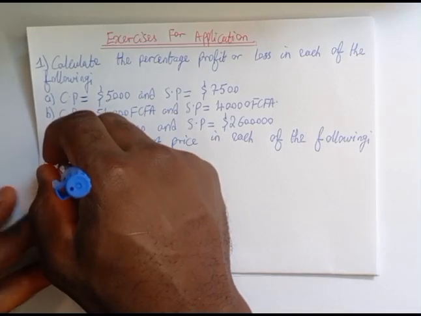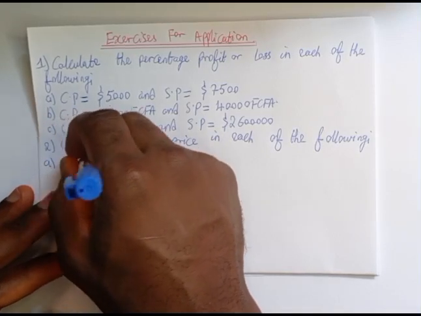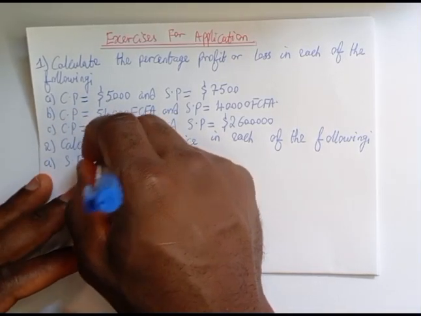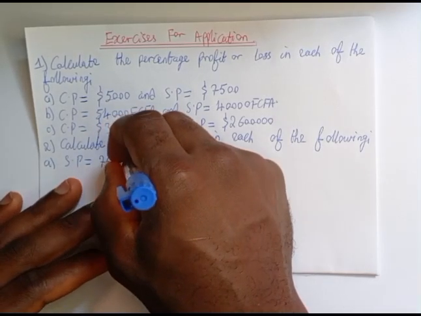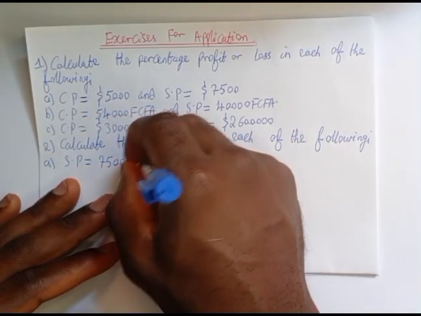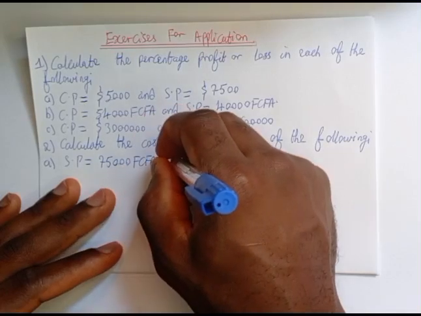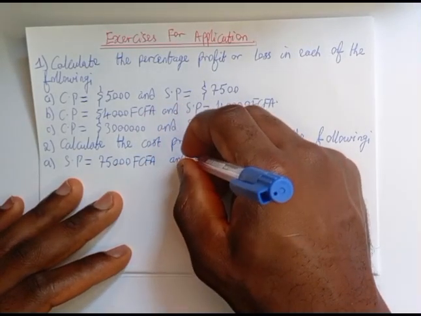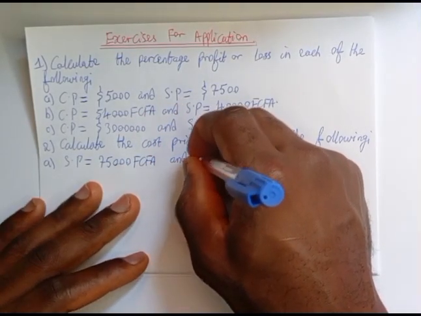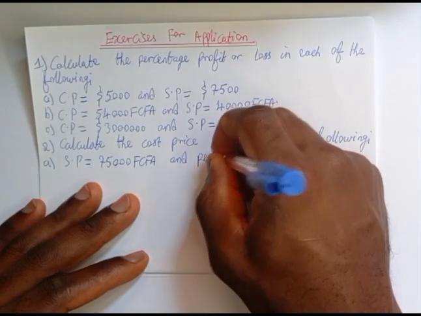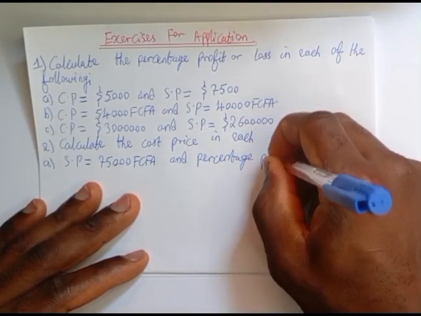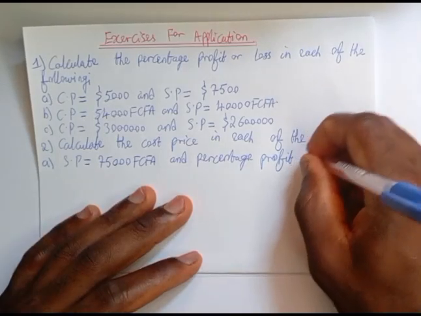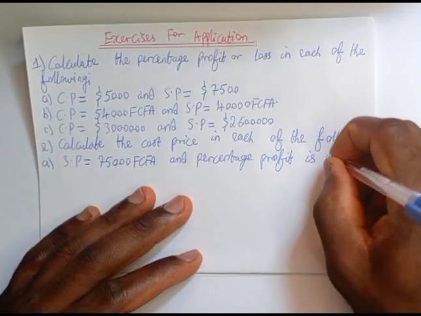First one, A, the selling price is 75,000 francs CFA and percentage profit is 15%.